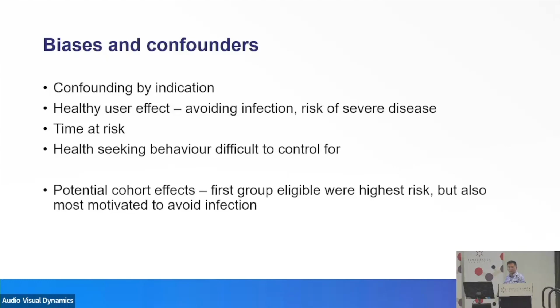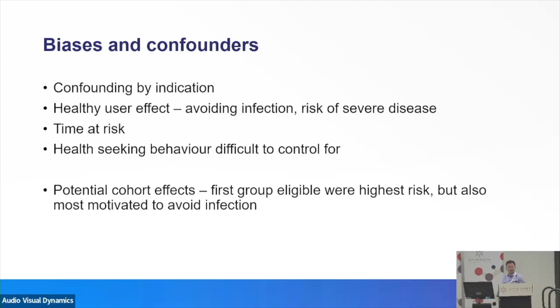People who get vaccines early are those who are good at taking care of their health in other ways, so probably more likely to use masks and might have a lower risk of severe disease because of that. There's time that we need to control for carefully, because exposure is changing, as well as vaccination coverage over time. And health-seeking behaviour is quite difficult to control for.